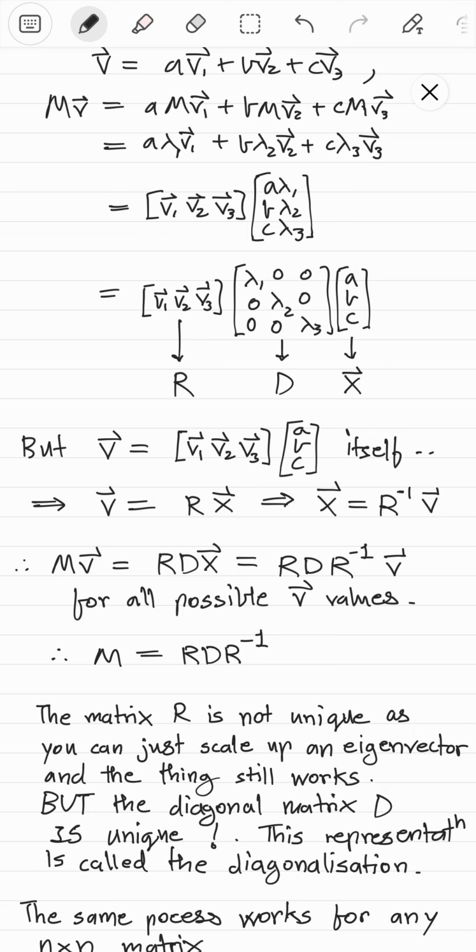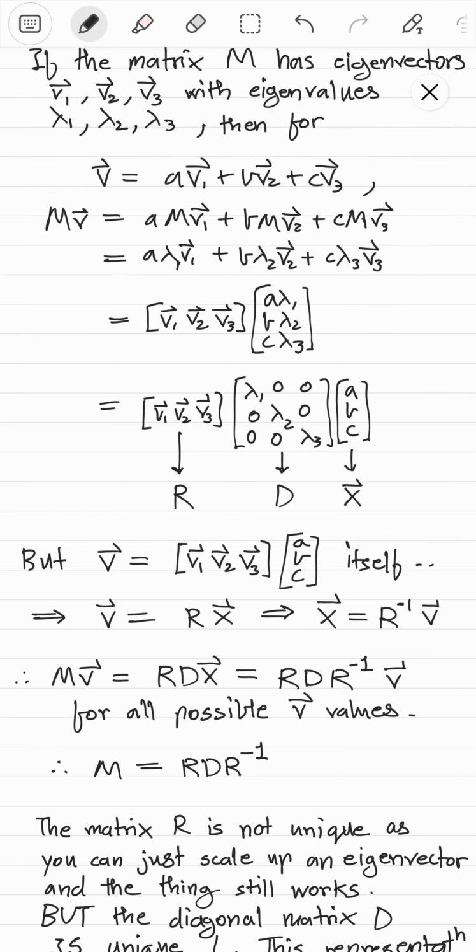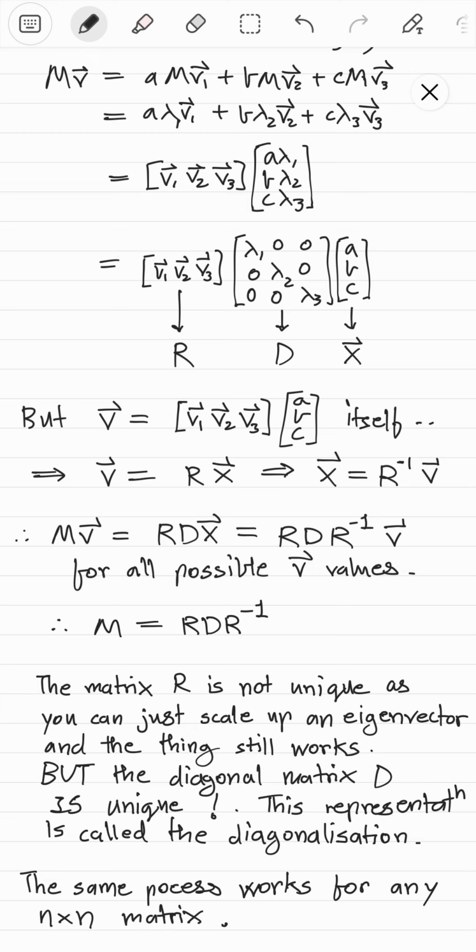Okay, so the matrix R is not unique, as I just told you. You can just scale up one of these eigenvectors. So instead of v1 vector, you just have two v1 vector, right? And call that thing v1 vector instead. And so you just get a new R matrix, but your representation is still going to work. So that's why matrix R is not unique.